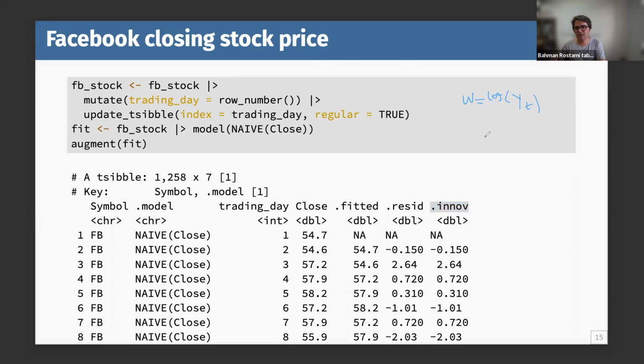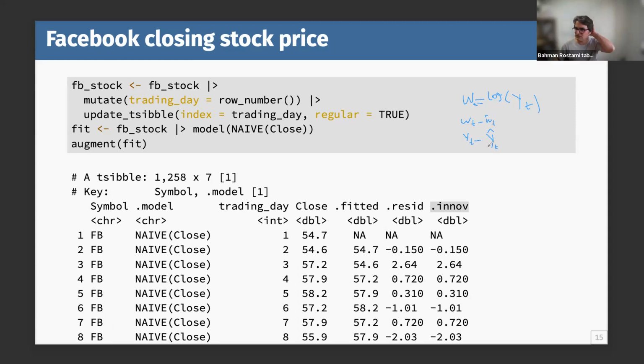The residual .resid in this case would be y_t minus y hat_t. And then if you do a transformation, then .innov would be something that we calculate like that.